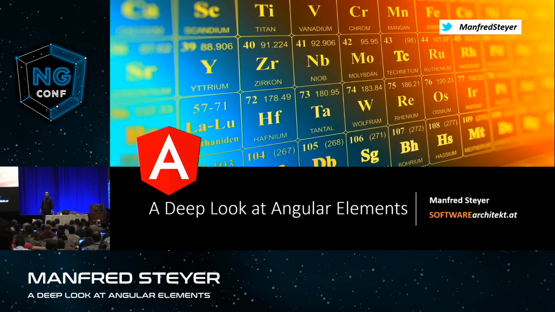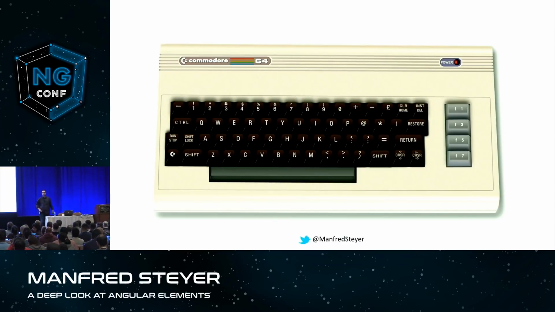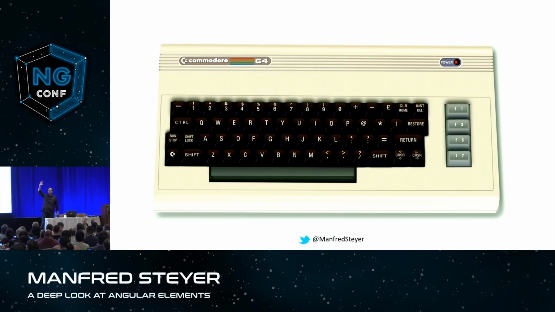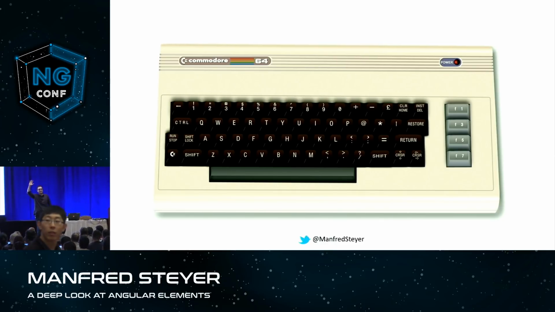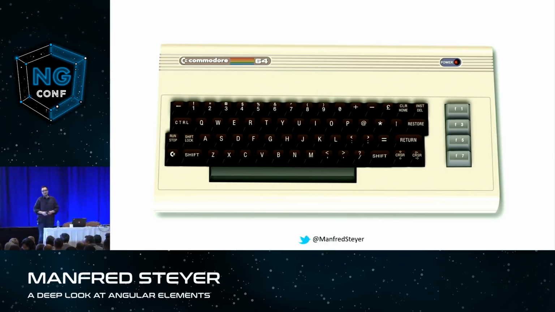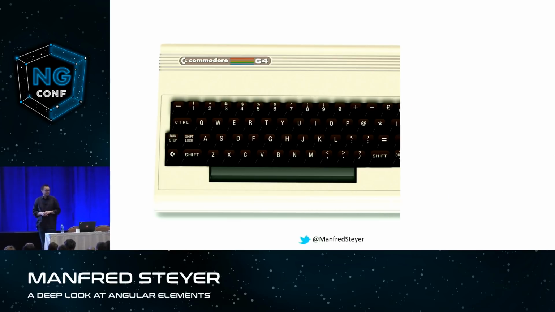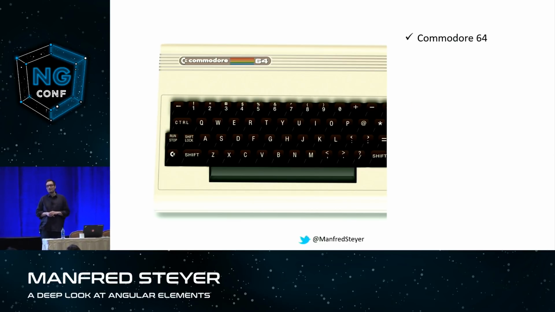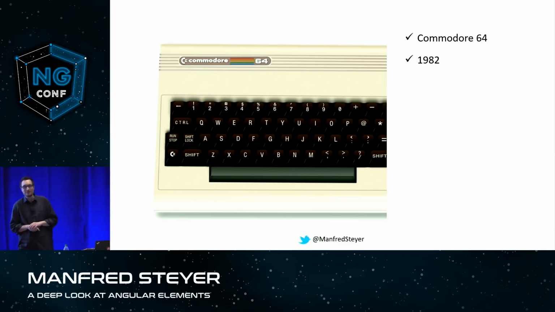I want to start with a picture one more time. Do you remember this machine? Yeah, some of you? Nice. It's the hero of my childhood, a good old C64, a Commodore 64. It was released in 1982, and it really shows that I'm growing old nowadays.